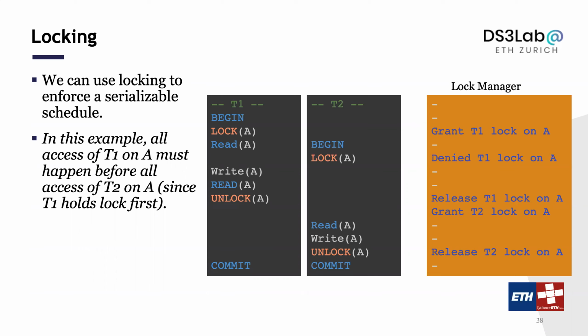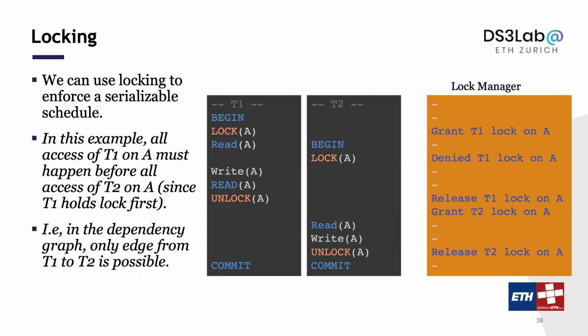And then when I'm done with A, I release the lock, right? So if T2 wants to access A, it needs to wait until everything I want to do on A is done. If you think about all those conflicting pairs, because I have this locking mechanism, it's actually enforced in my dependency graph. All the conflicts, at least on A, must happen from T1 to T2.